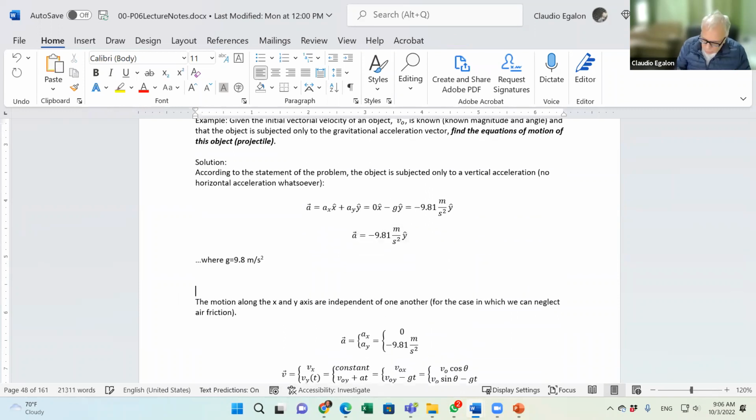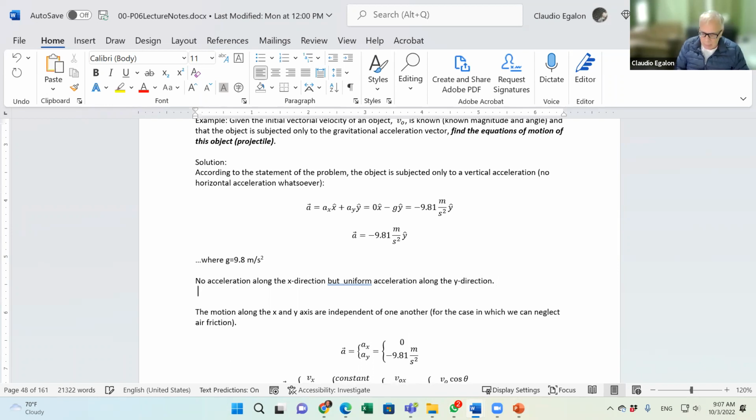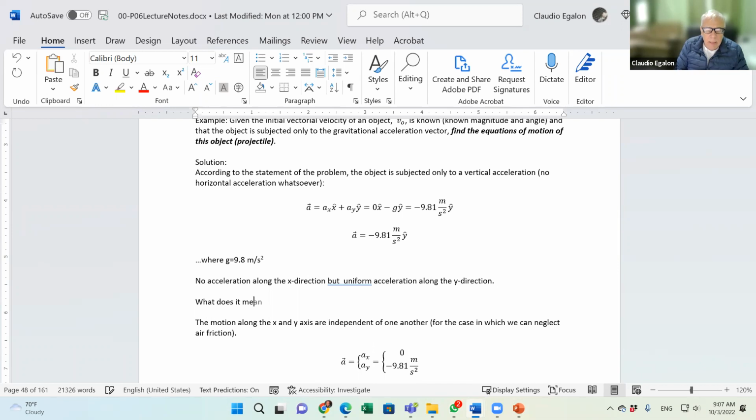So let's revise again. No acceleration along the x direction, but uniform acceleration along the y direction. So what does it mean?